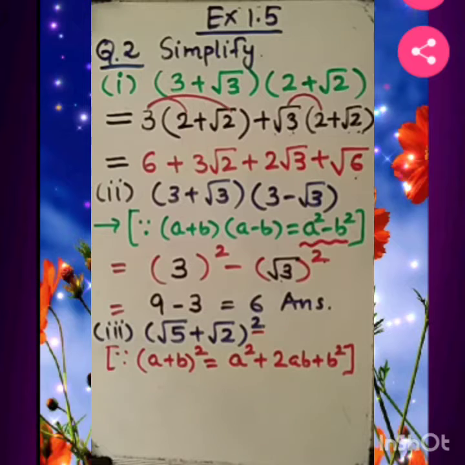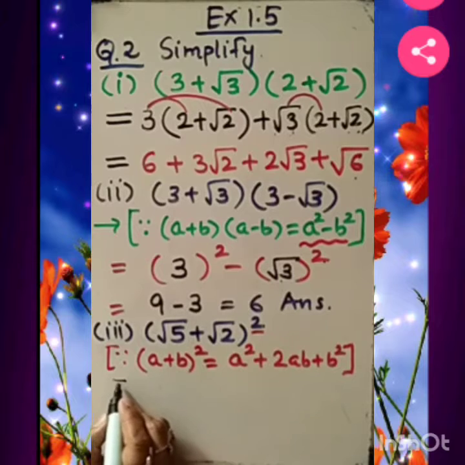The full chapter is full of this identity. There I will first discuss and clarify all the identities before we go deeply inside the chapter. But for a while, just recall this identity: a plus b whole square equals a square plus 2ab plus b square.